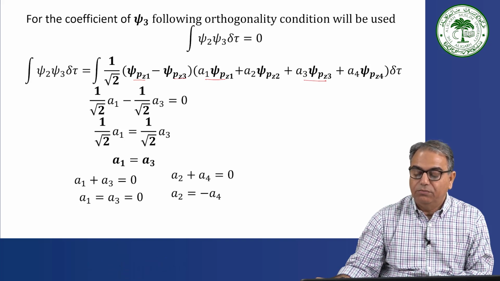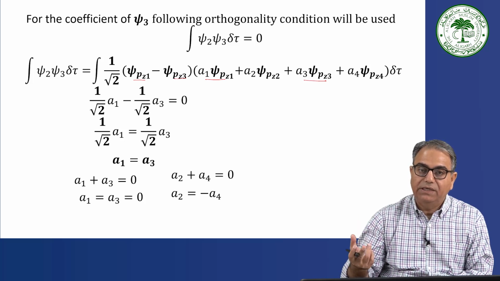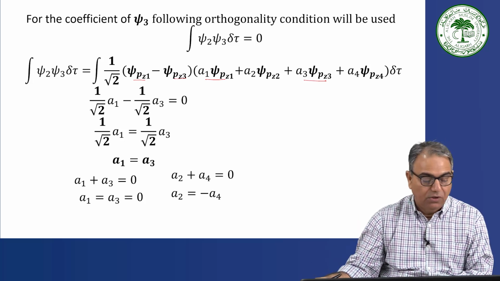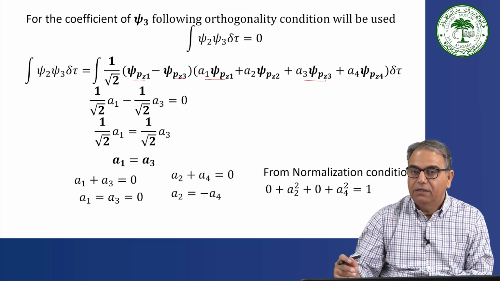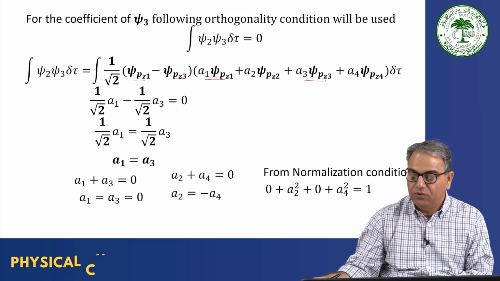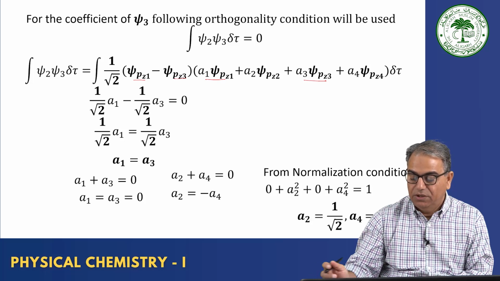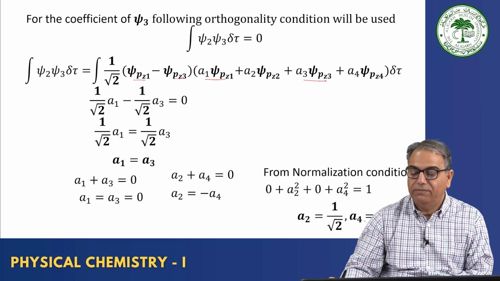So a2 is equal to minus a4. Now here a2 is not 0. Here we are writing the simultaneous equation a2 plus a4 is equal to 0, so a2 is equal to minus a4, and again you write the normalization condition. From the normalization condition, a2 and a4 will be plus and minus 1 by root 2.